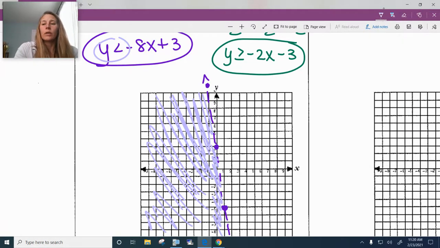Okay, now the second inequality here, down 3, 1, 2, 3. And my slope is -2, which is really -2 over 1. So down 2 over 1, down 2 over 1, or up 2 left 1.